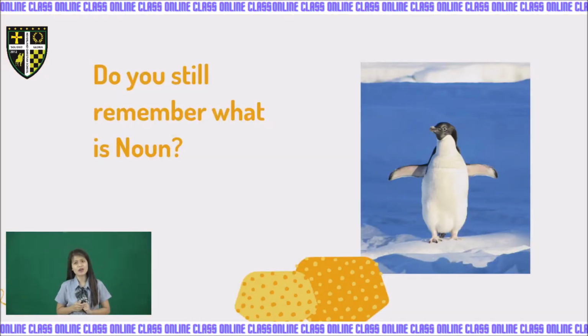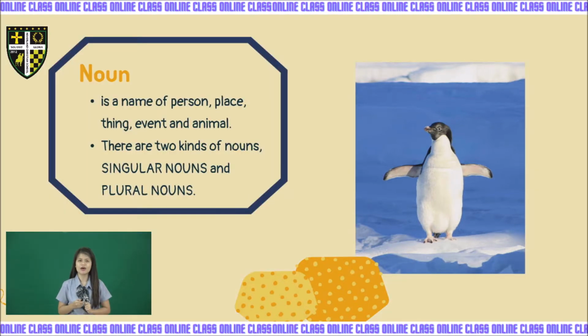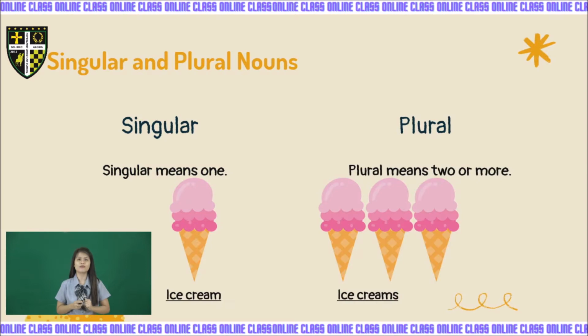Remember, what is a noun? Well, a noun is a name of a person, place, or thing, and there are two kinds of nouns. There are singular nouns and plural nouns. Let's have the examples for singular nouns and plural nouns.